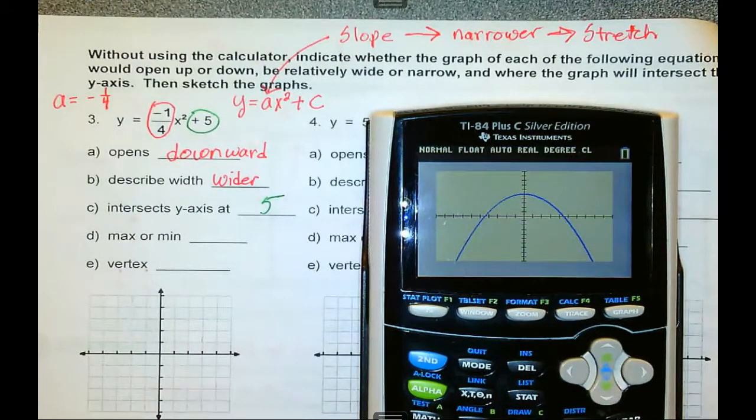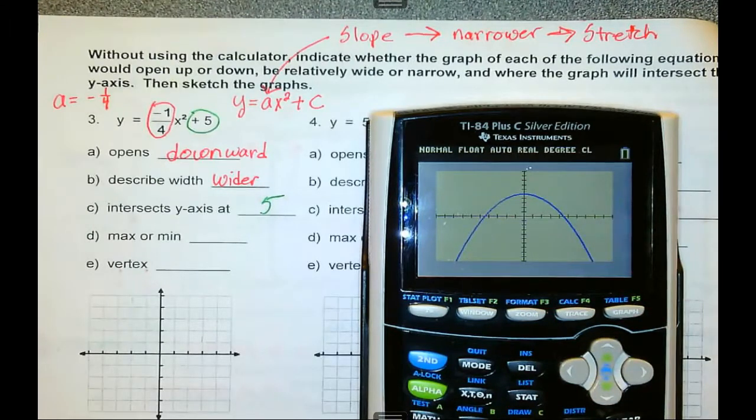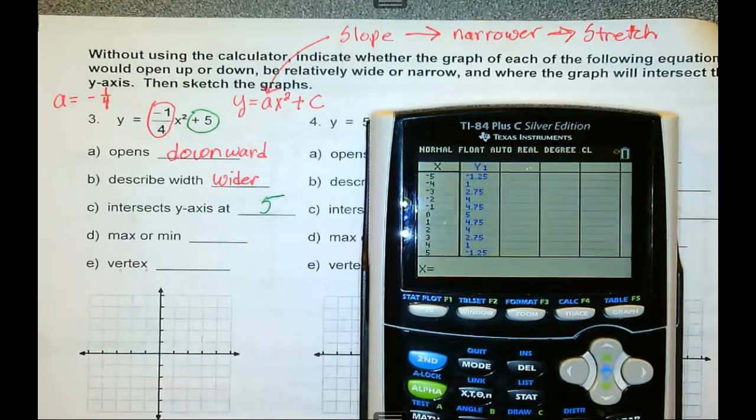Now, we talked a little bit about the vertex yesterday. Not a whole lot. We didn't talk about max or min at all yesterday. But if I look at my parabola here, and I'm looking at that vertex, well, let's go ahead and plot this, right? We know how to graph it. We did that yesterday. Let's hit our second graph button.